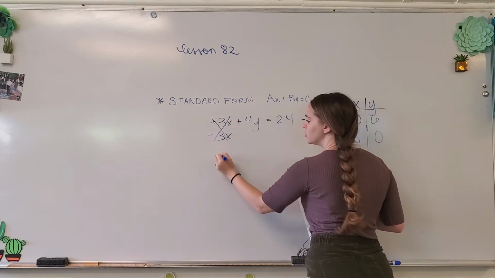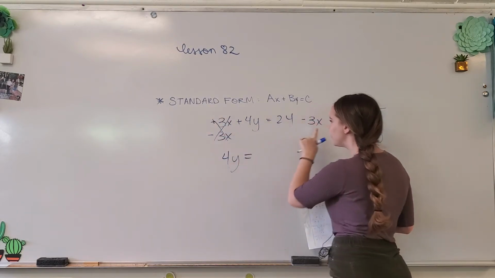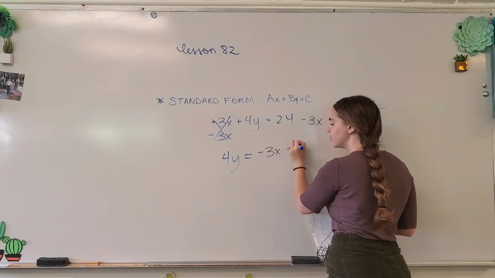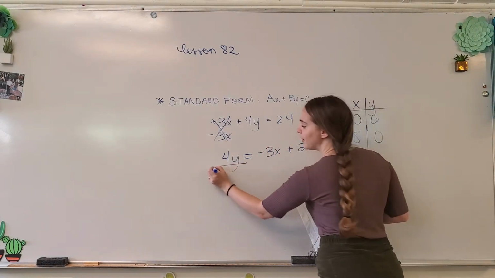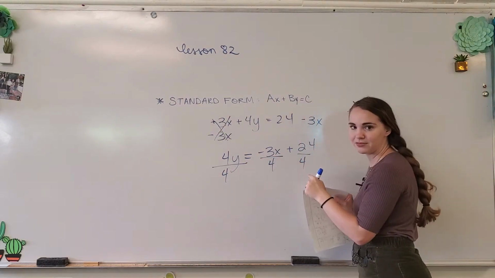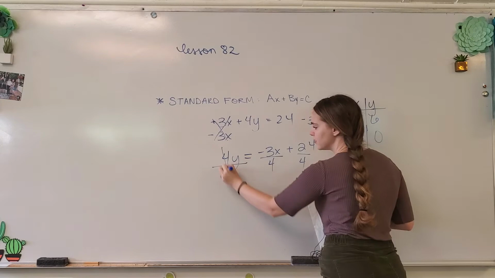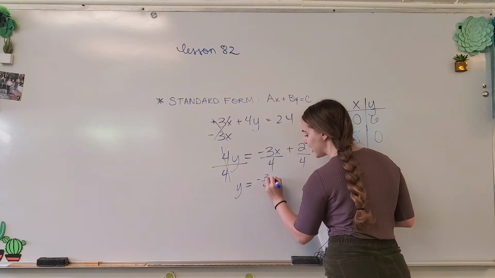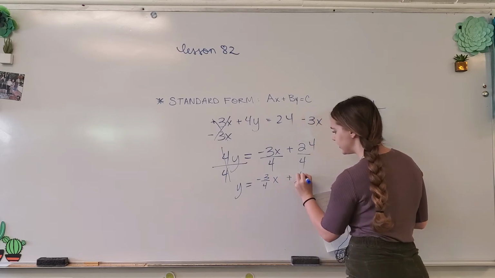Okay? And I'm going to write it with the x first because mx plus b. And then when you divide by 4, you divide by 4 everywhere, not just on the 1.